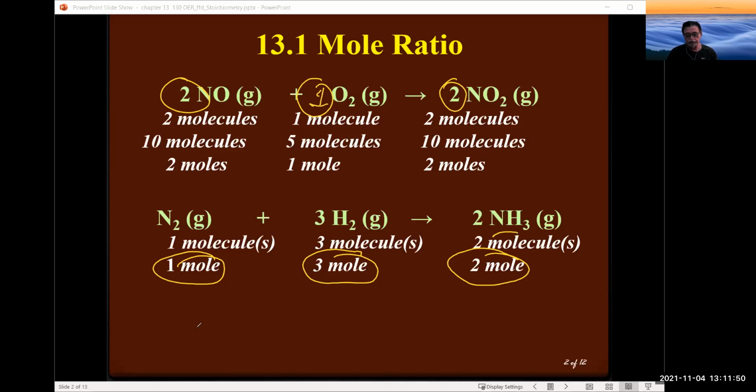And so if I were to just draw the structures of this, I would say this would be nitrogen, and then we have hydrogen, three molecules of hydrogen, okay? And then when all is said and done, when the reaction is done, we end up with 2 molecules of ammonia.